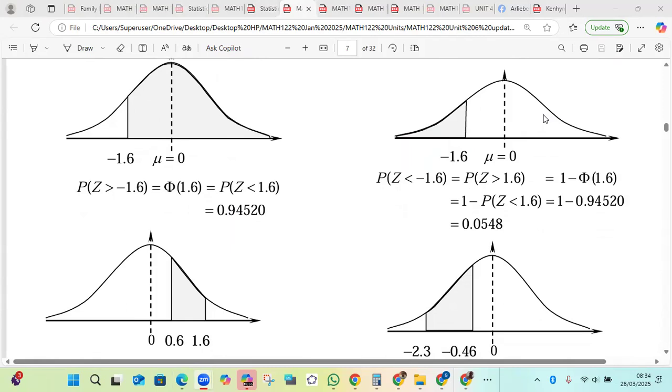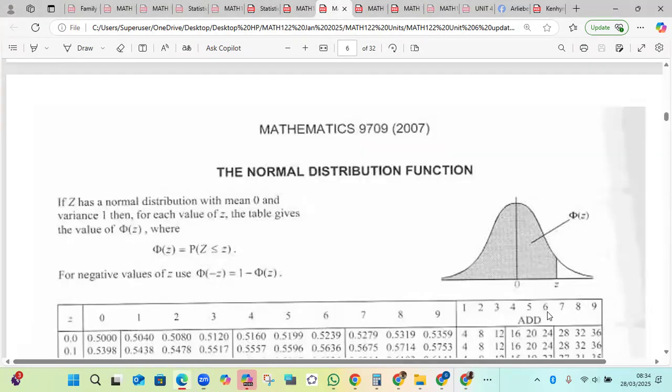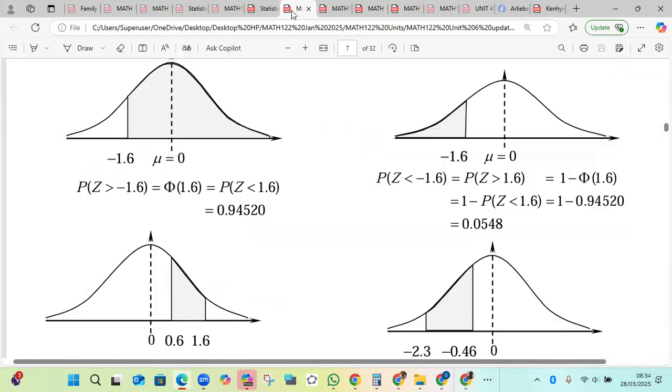Now, the table that we are going to use is only going to give us a big chunk. It does not give us tail. So to find a tail, we have to find a big chunk and subtract from 1. So we're going to find the probability of z less than 1.6. We're going to find phi of 1.6.